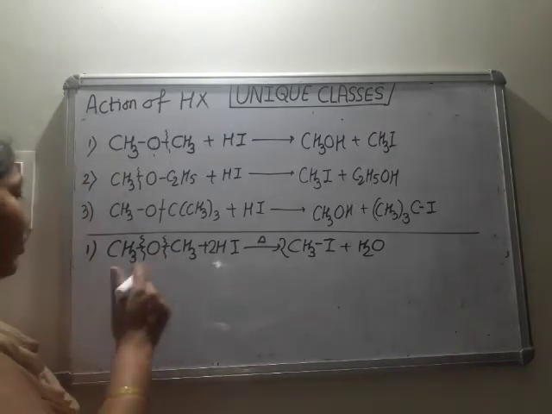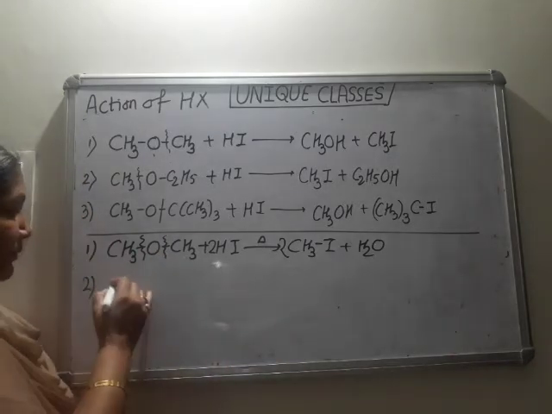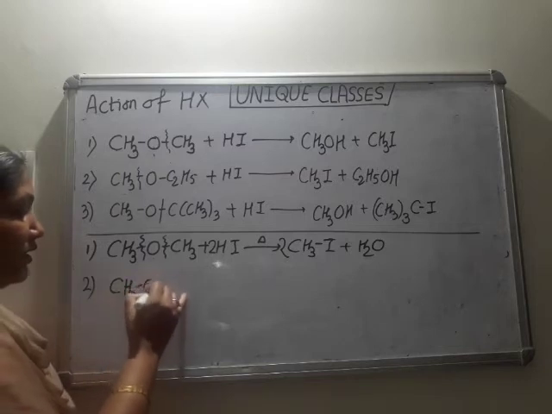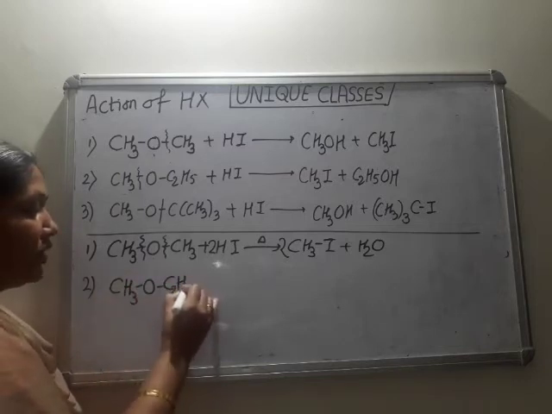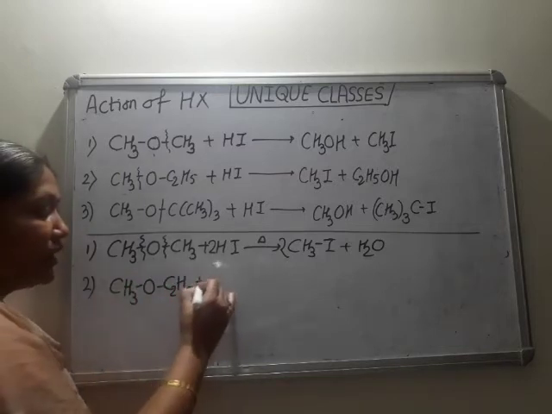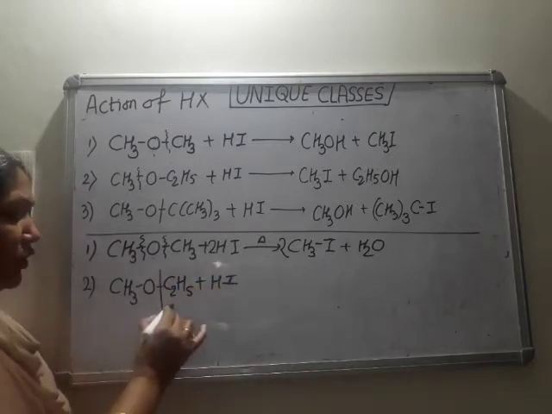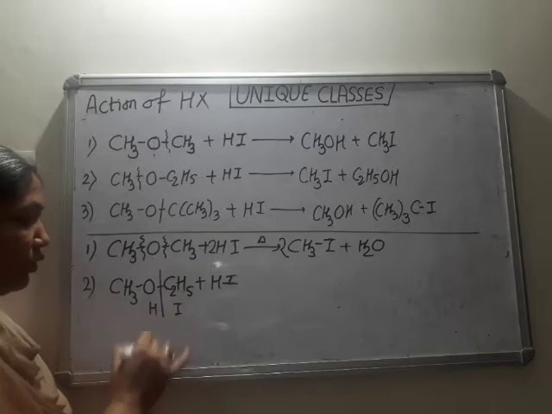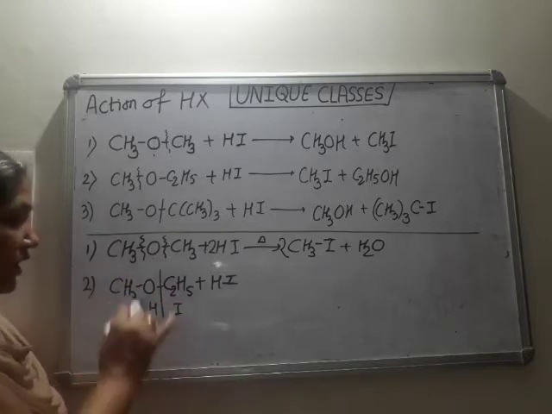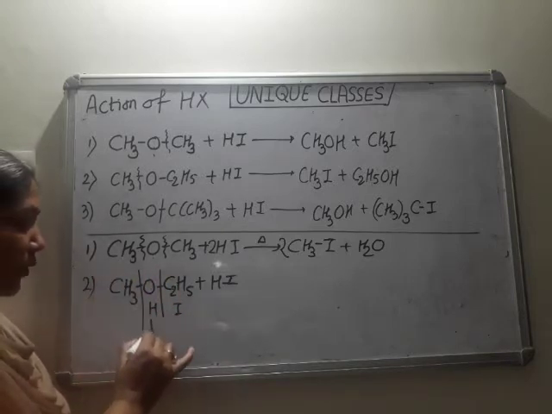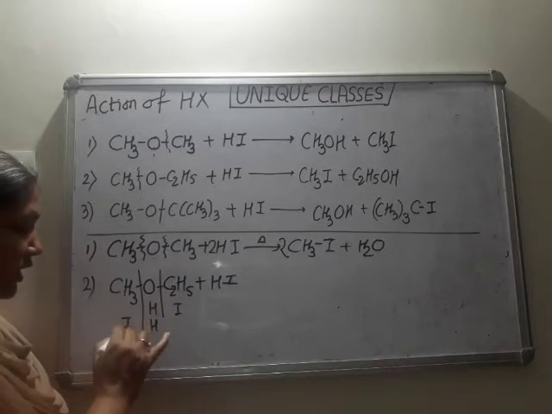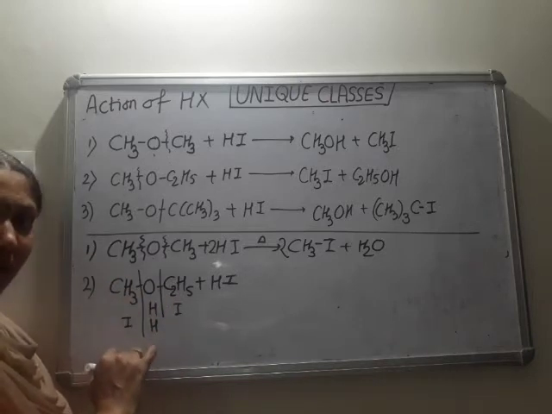Clear? Now what if it is a mixed ether, CH3OC2H5, that reacts with HI? Again both bonds are broken. So I goes to this ethyl group, H goes to this oxygen. One more HI is required. H goes to this oxygen, the iodide part goes to this CH3 group.